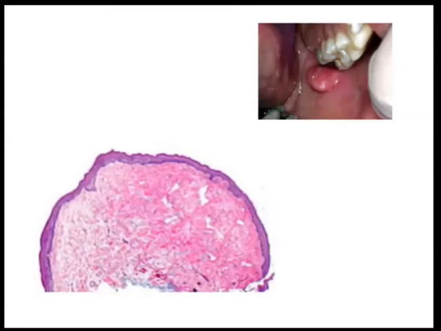So to the right side corner once again is a clinical pic seen in the buccal mucosa as a sessile or a pedunculated growth, and to the left side corner below you can see a histopathological pic which shows an atrophic epithelium and a connective tissue with a dense bundle of collagen fibers with numerous vascular spaces too.